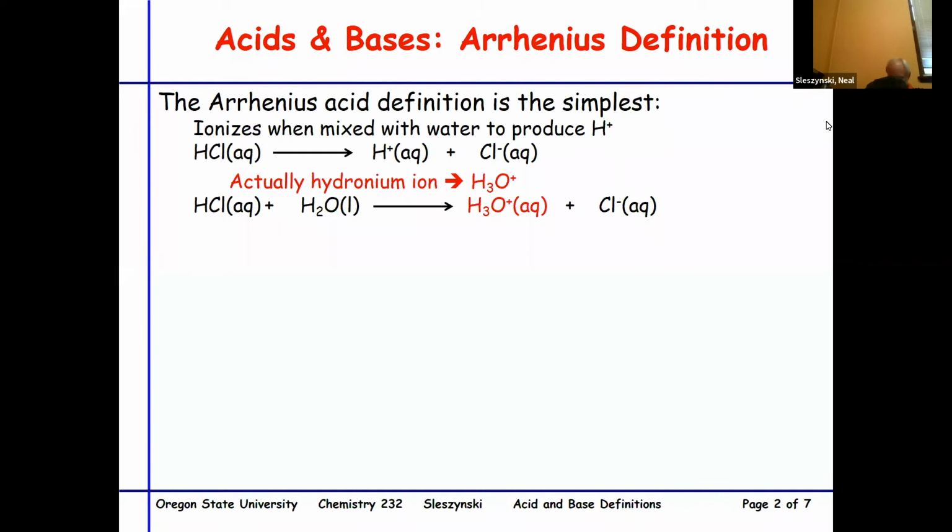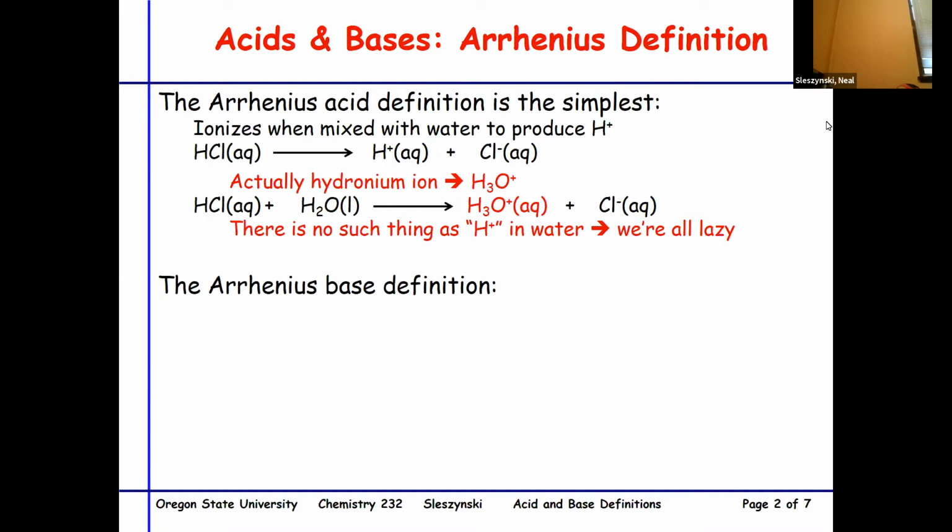And the reaction that's happening in our beaker actually looks like this, where the HCl is reacting with water. Water is accepting that hydrogen ion to form a hydronium ion, and then chloride. There's no such thing as H+ in water. But we're all very lazy, including chemistry professors, and we often write H+ when we actually mean hydronium.